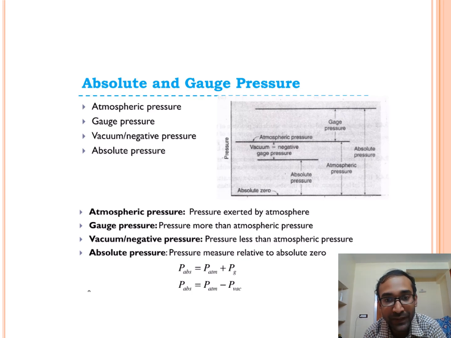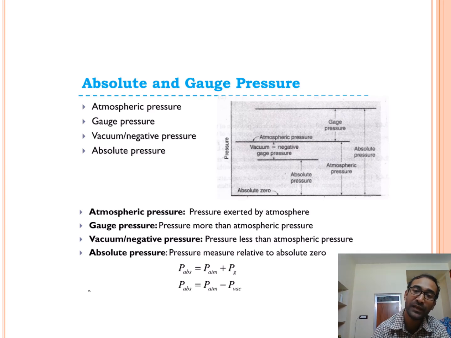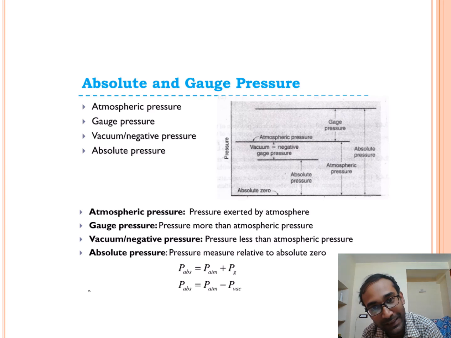And absolute pressure is defined in two ways. Absolute pressure is P atmospheric plus gauge pressure, or P atmospheric minus P vacuum. This is the absolute pressure. There is no absolute pressure existing in real life.